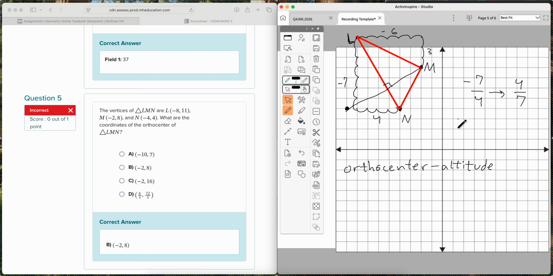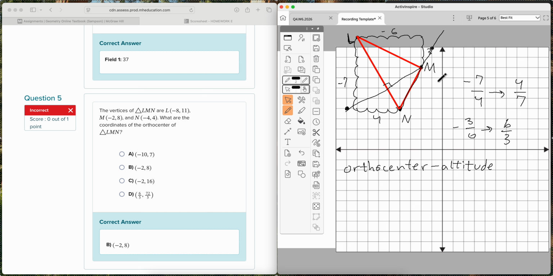So if that slope is -3/6, the perpendicular slope should be +6/3. So from this point, I'm going to go up 6, 1, 2, 3, 4, 5, 6, over 1, 2, 3. So this altitude is exactly on this red line.